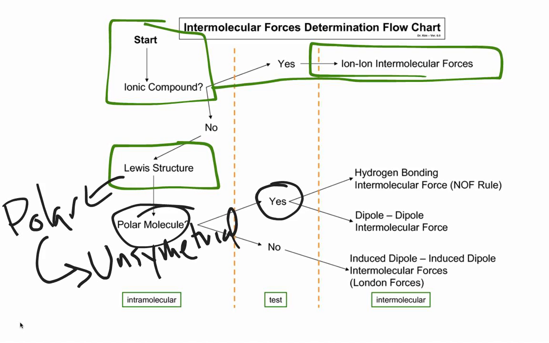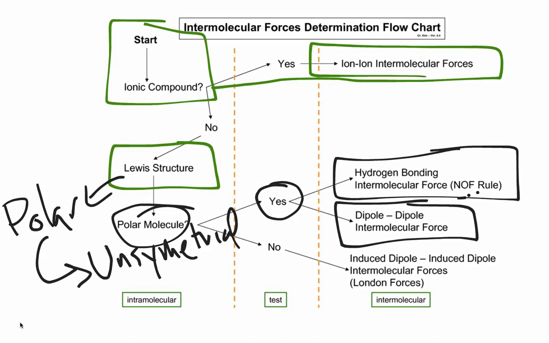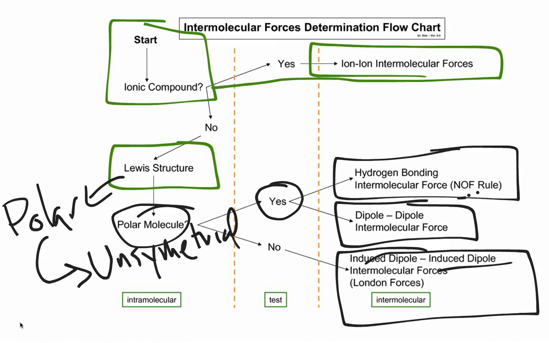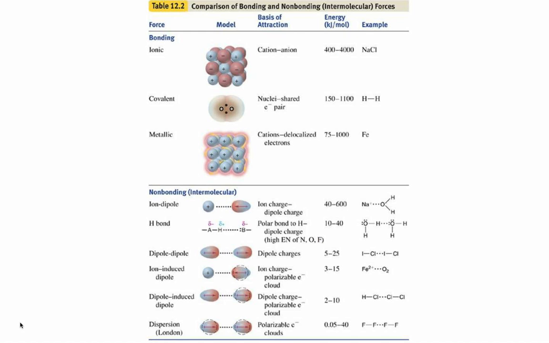So then we'd say yes. Now, if there's nitrogen, oxygen, or fluorine bonded to that hydrogen, then there's hydrogen bonding. If there's not, but it's still polar, then it has dipole interactions. If it is not a polar molecule and doesn't have hydrogen bonding, then it's going to experience van der Waals forces, or there's a couple different names for it: induced dipole, London forces, van der Waals forces.